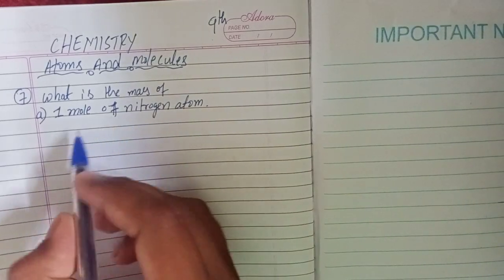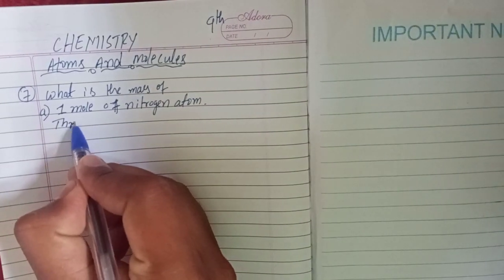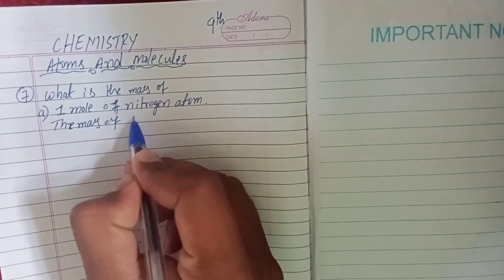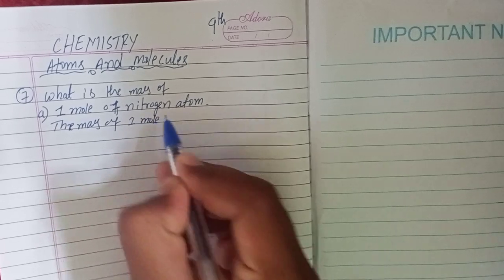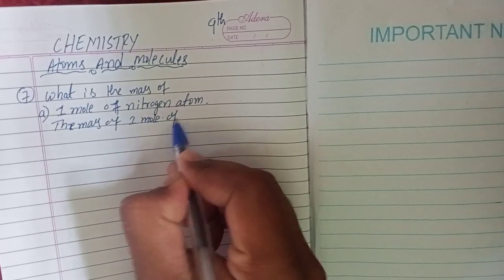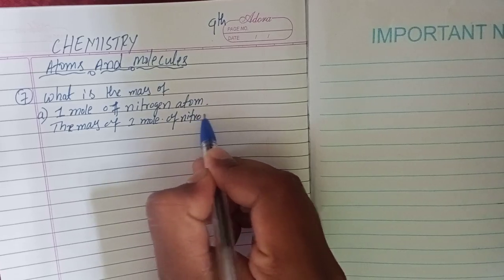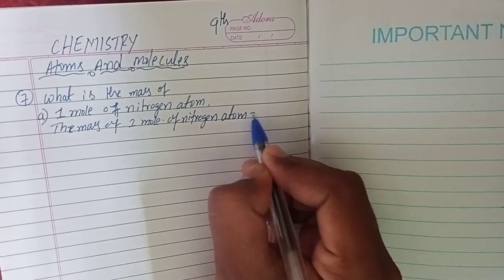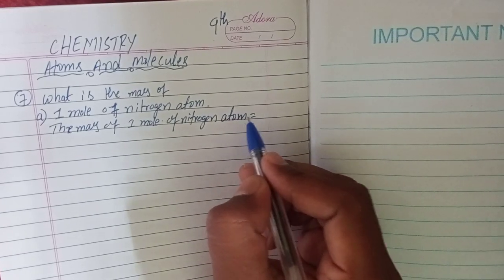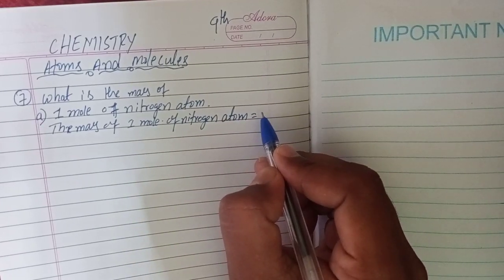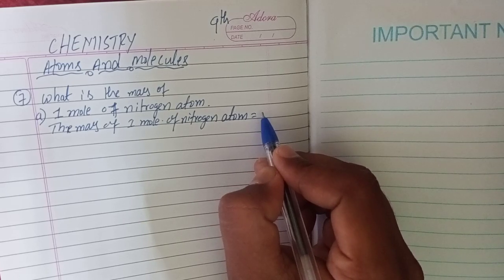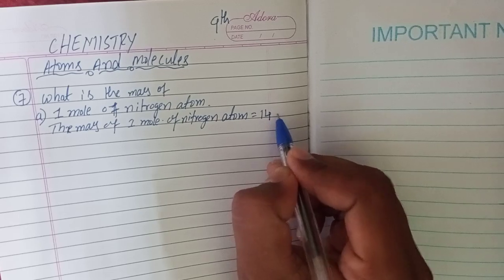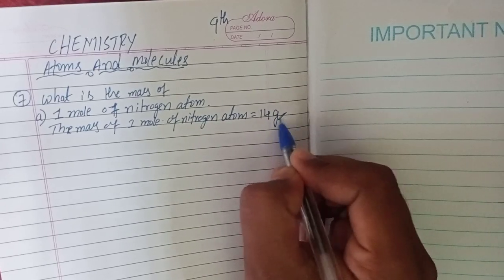So the mass of 1 mole of nitrogen atom is equal to the molar mass of nitrogen, for single nitrogen, N. The atomic number is 7 and the atomic mass is 14 u. The molar mass is 14 grams. So this is the answer.